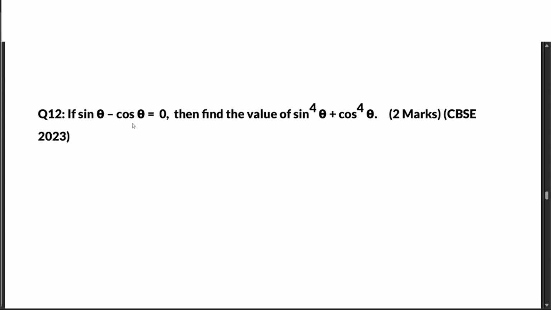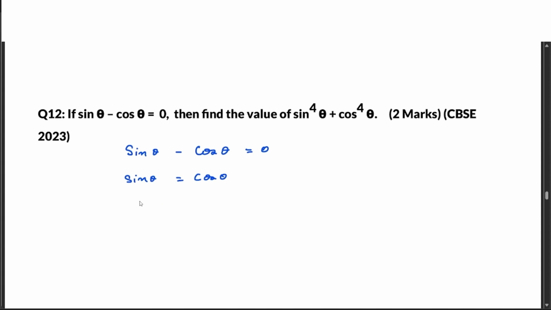So simple. The information given, we can write: sin theta minus cos theta is equal to 0. After that we can transpose, so sin theta is equal to cos theta.